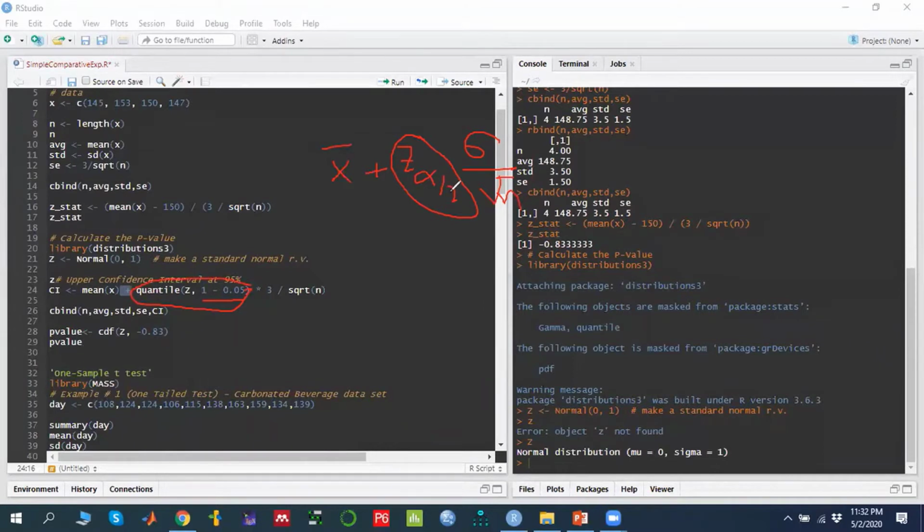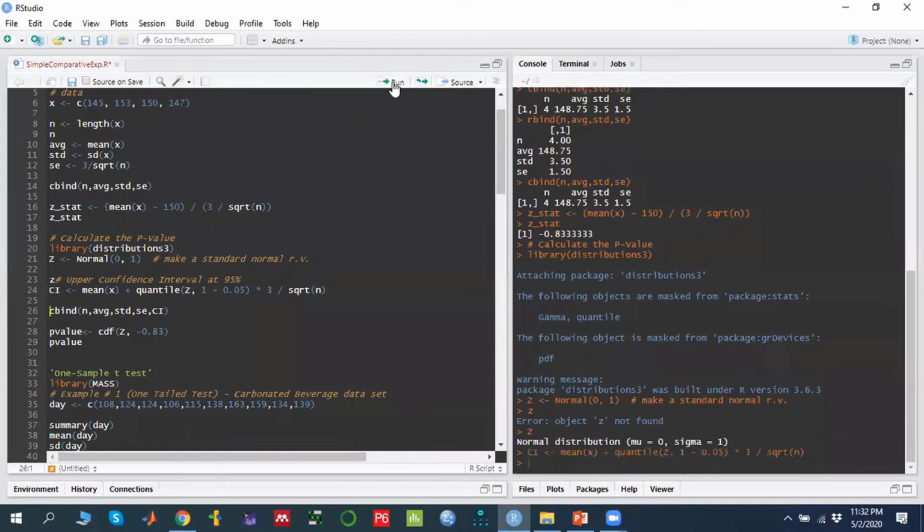Oh, sorry, the mistake I have made over here is there is no alpha by 2, only Z alpha, mean X bar plus Z alpha sigma over square root of N. Okay, so this is the upper confidence interval. So this is the Z alpha value and then sigma over square root of N. With the help of this, I will get the answer of the upper confidence interval.